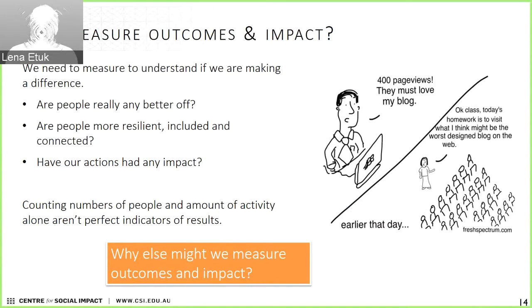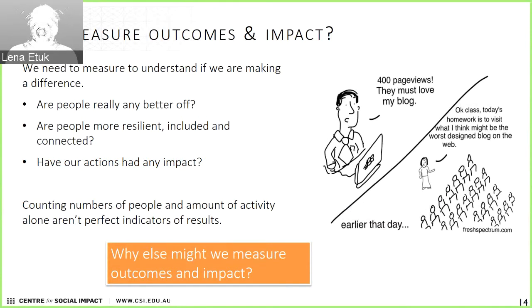We want to use this opportunity to learn if people are more resilient, or maybe they feel more included and connected as a result of the efforts we're putting forth. And it's about understanding if our actions have had any impact. And again, this is why we get up in the morning, in order to have these outcomes and impacts on people. And so measuring that, we won't know it if we don't measure it.